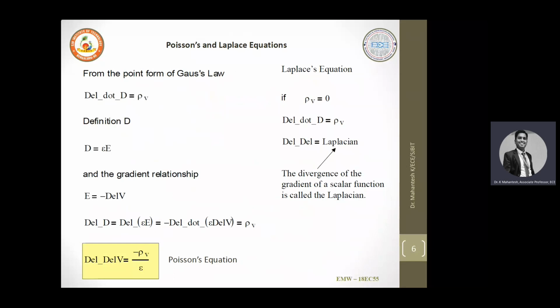Therefore, del dot del V is equal to minus rho V by epsilon.